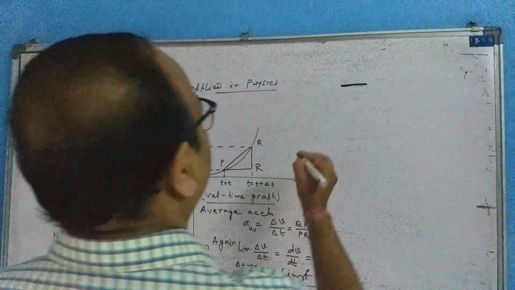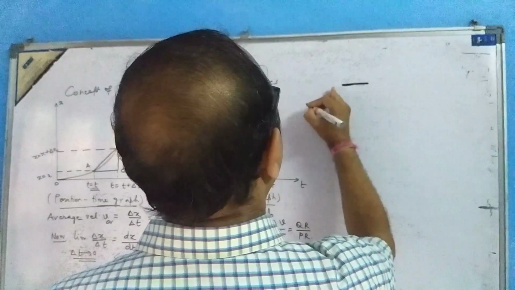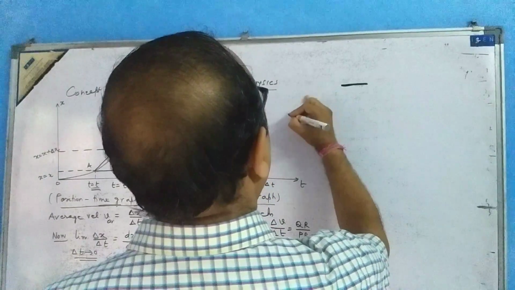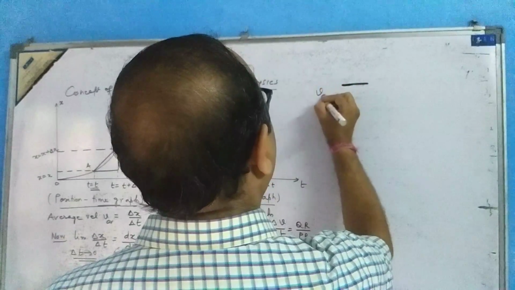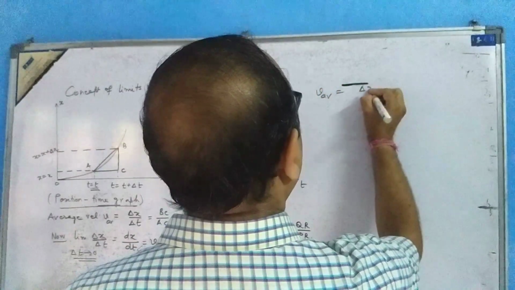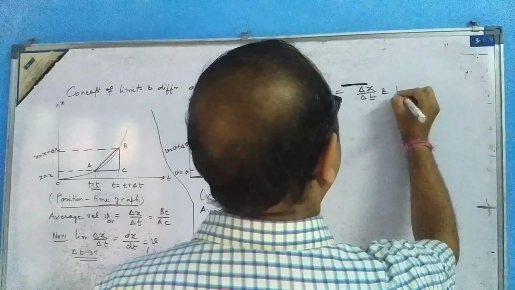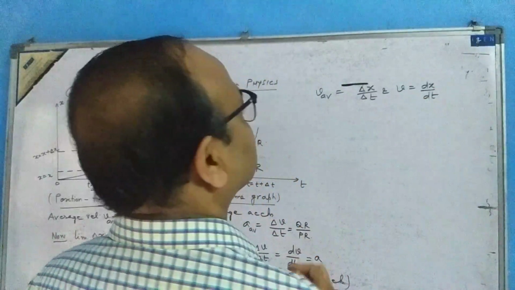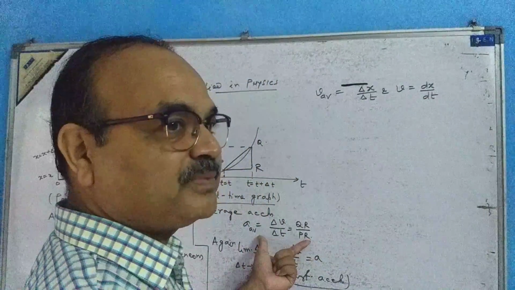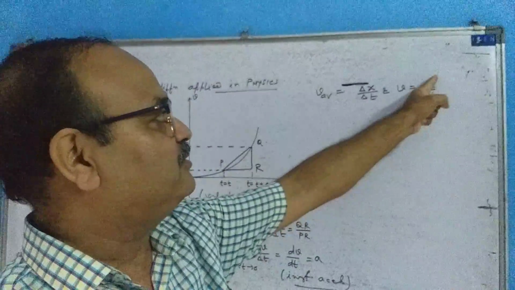So finally, look, we have seen V average is equal to delta x by delta t, and simply V is equal to dx by dt. From here, the average value is delta x by delta t and the instantaneous value is dx by dt.